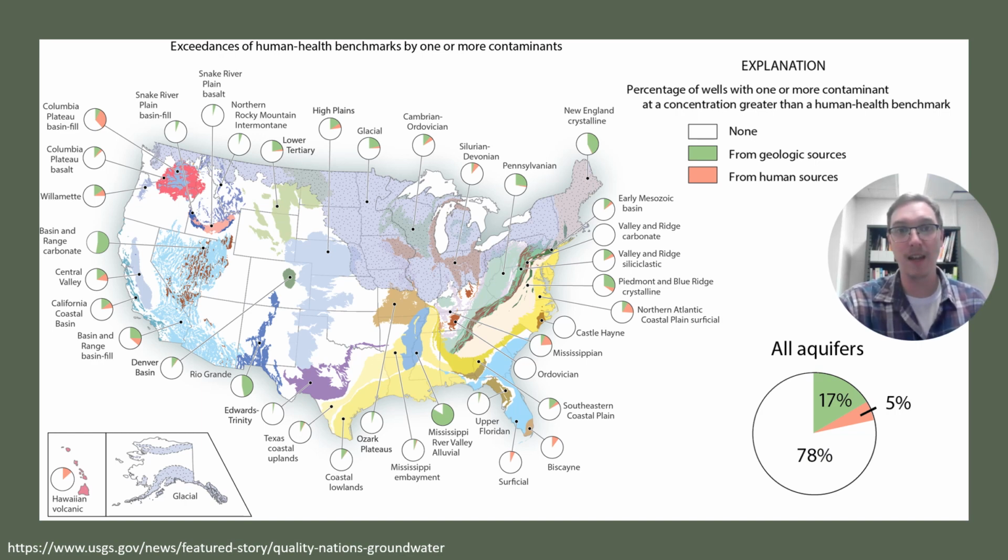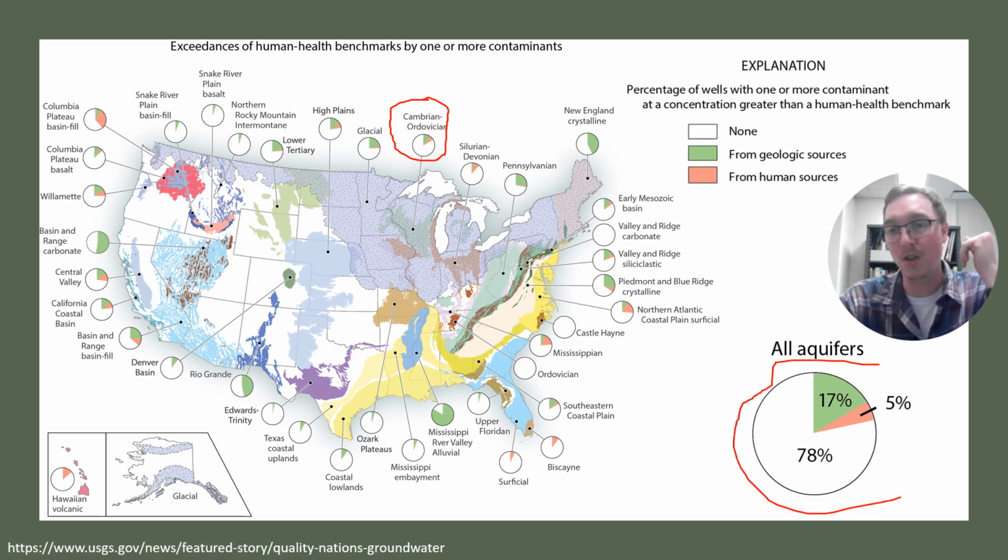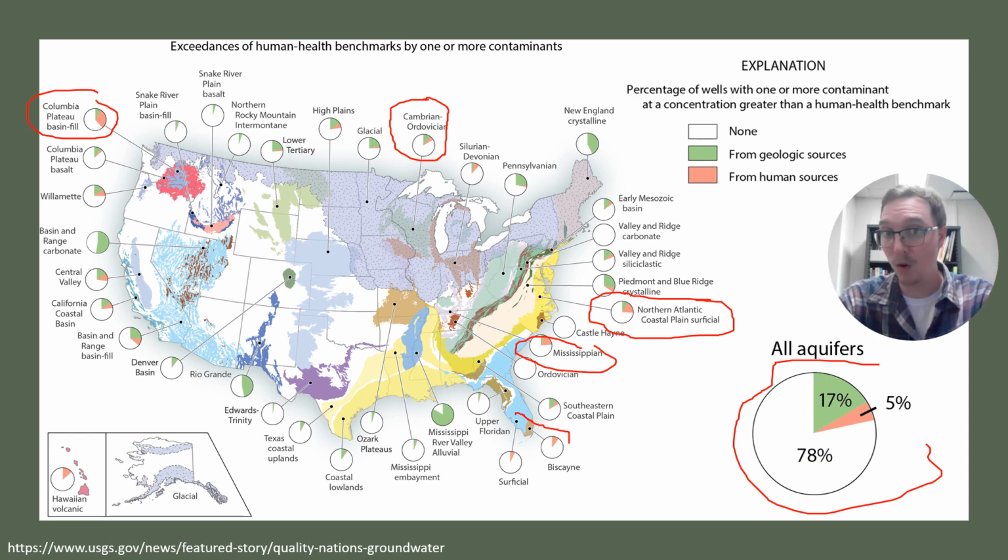If you are dealing with the Cambrian-Ordovician deposits here in Wisconsin, in one of our aquifers here, you've got a good proportion of geologic and human sources, somewhat similar to the average across all of them. If you're living in the Columbia Plateau, you're dealing with substantial pollution from human sources. Same if you're in the North Atlantic coastal plain or the Mississippian aquifer or the Biscayne, which we looked at earlier on, or the surficial aquifer. All of these are dealing with widespread human contamination.